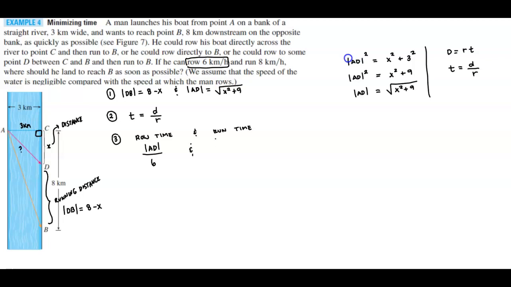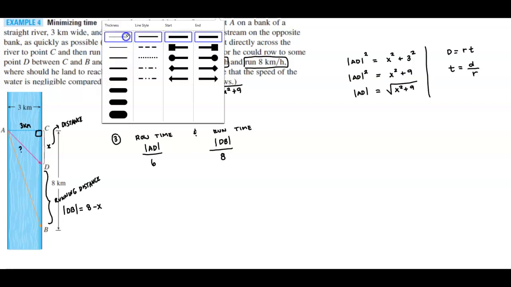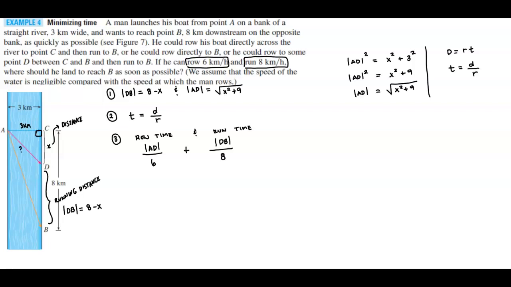And we have the absolute value of DB, and that represents the run time, and we can see that the rate for the run time is 8. So what we want to do is find the time, which is t, and t is going to equal the sum of these two, and that's going to give us our time.